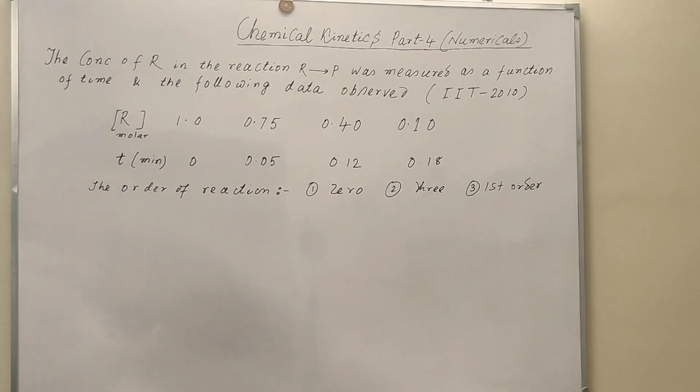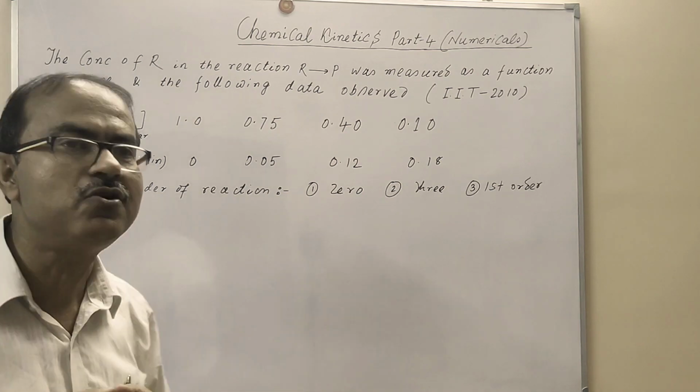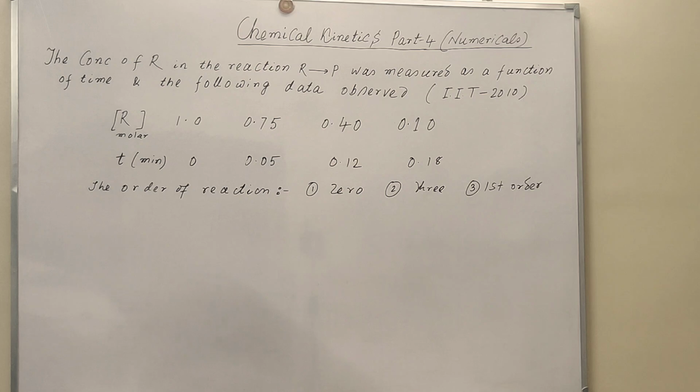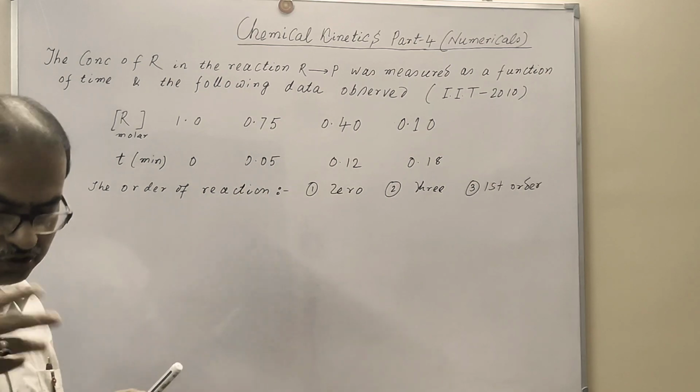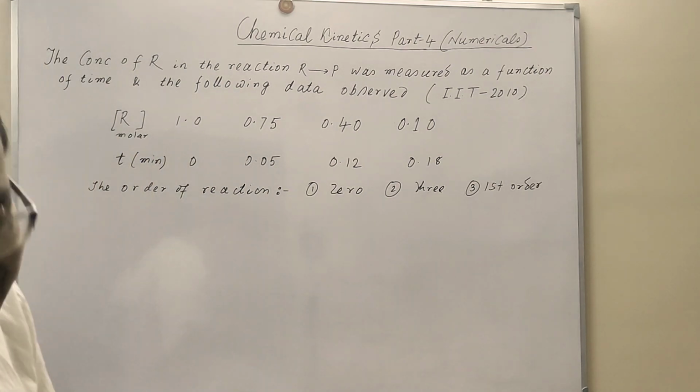First, what do we have to do? Whenever this type of numerical comes, we will first calculate the rate of reaction from this data. How do you calculate the rate of reaction? You can recall my first video, where I told you that it is nothing but the change of concentration of the reactant.